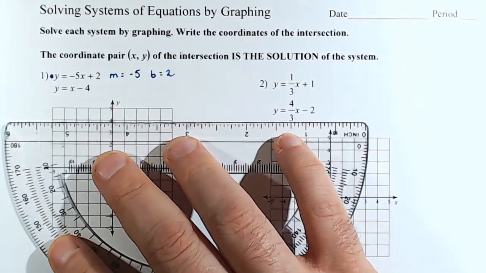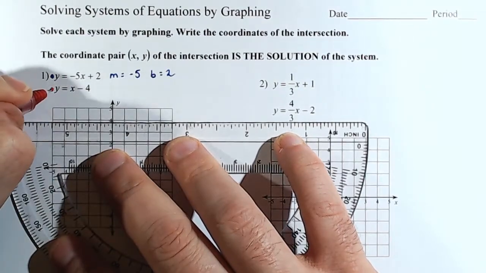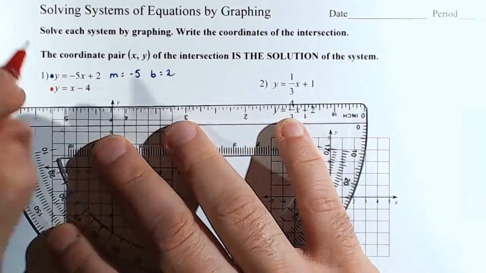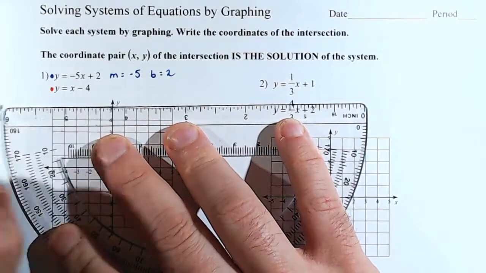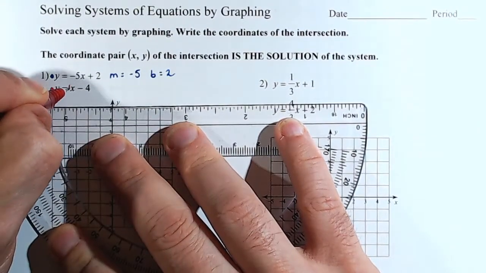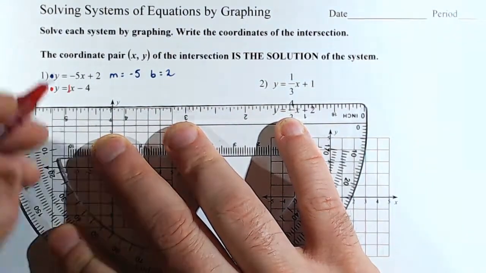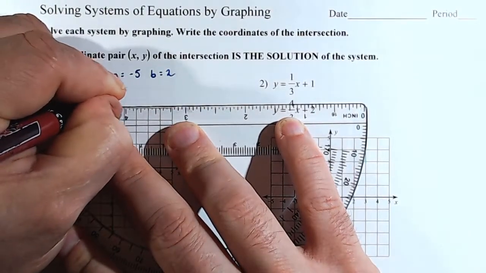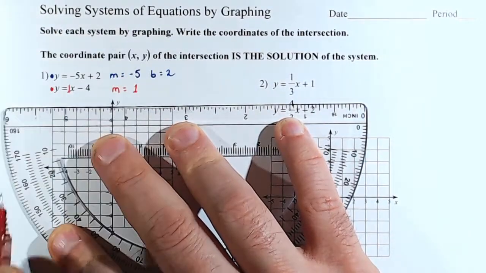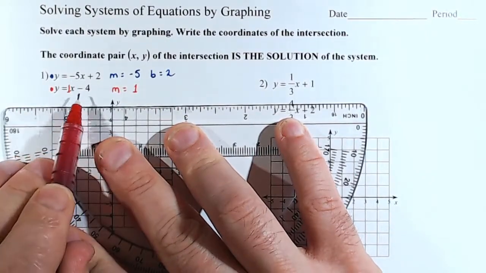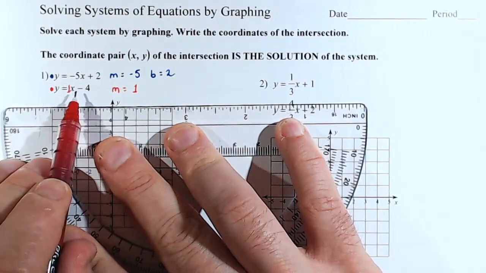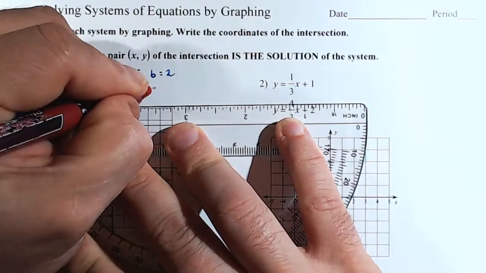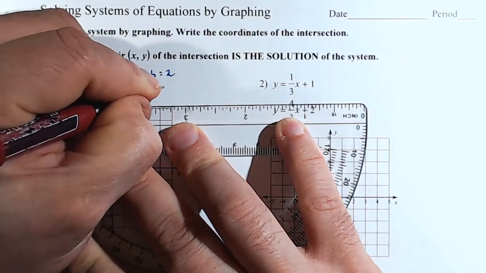For my red equation, remember there's in front of that x, there's a 1. So m is 1. b would be -4, because it's x minus 4.